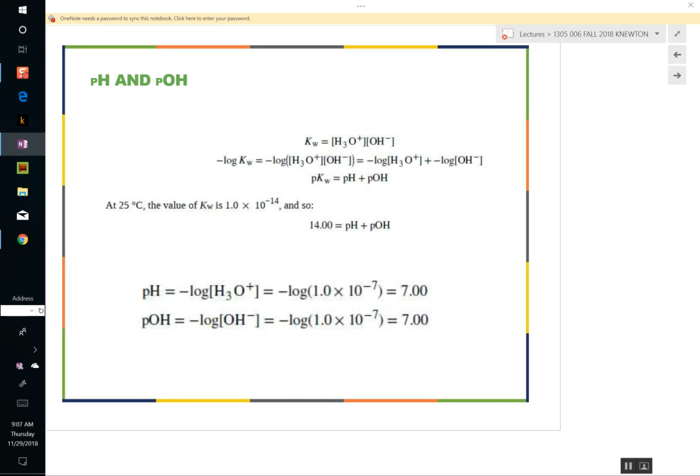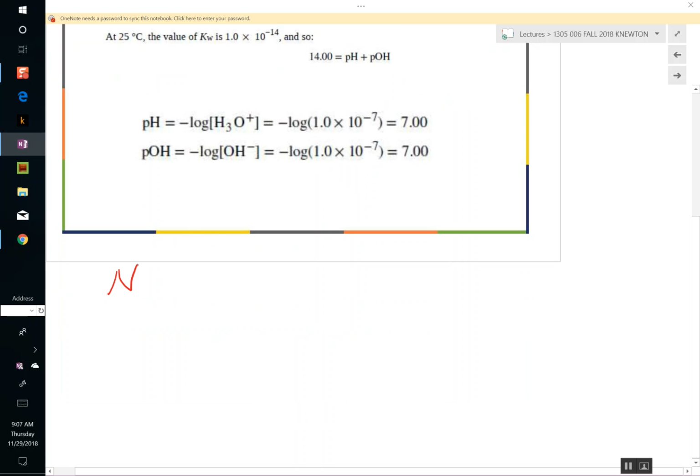There's no pOH scale. We don't have pOH meters, but pH meters. They're always keying in. So hydrogen ion is the focus. That's what we're focusing on, whether it's high or low. But pOH comes in handy when you are talking about a base.